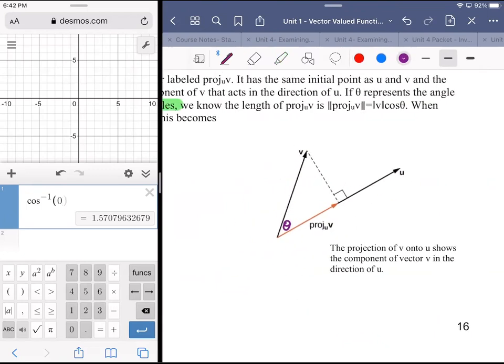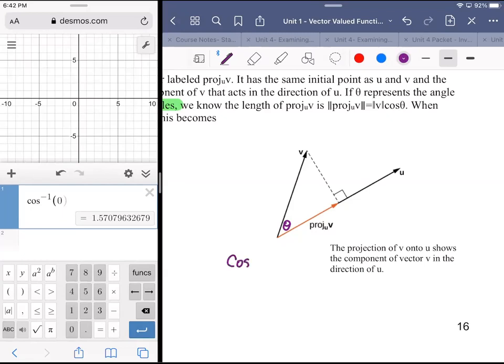And we also discovered that theta, there's a couple of different ways we can handle this, but we do know that cosine of theta is equal to u dot v over the magnitudes multiplied. That's all wonderful. We can work off of that if we want to, but we also have a more basic relationship, and it's SOHCAHTOA.